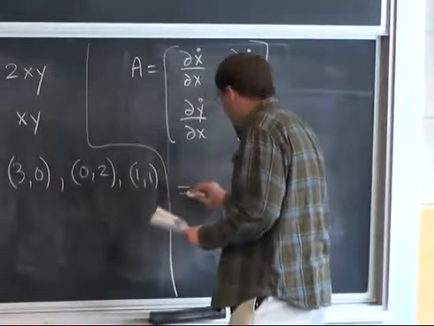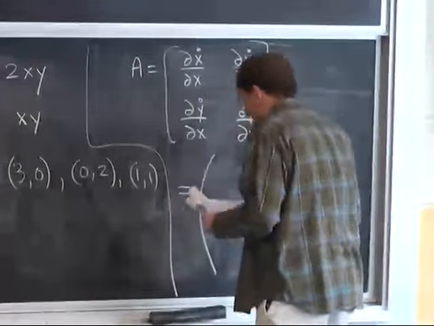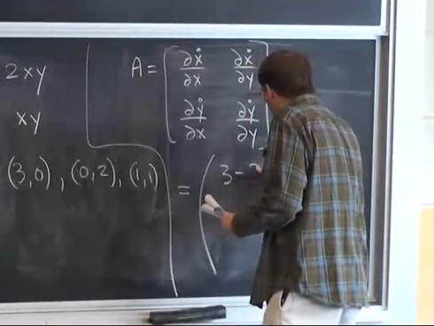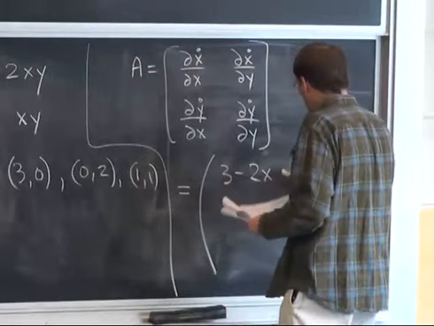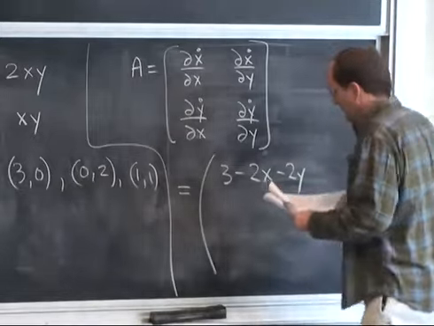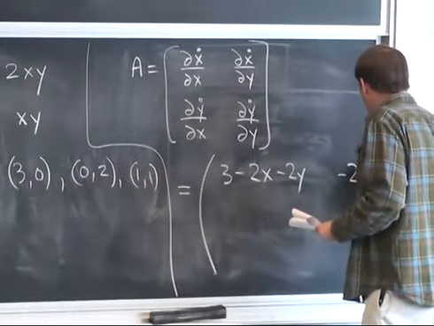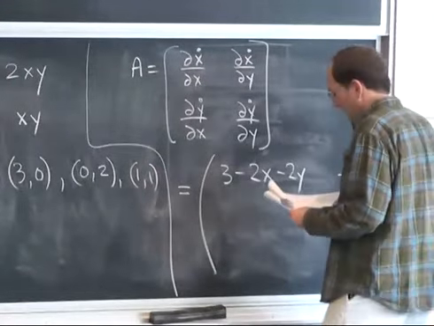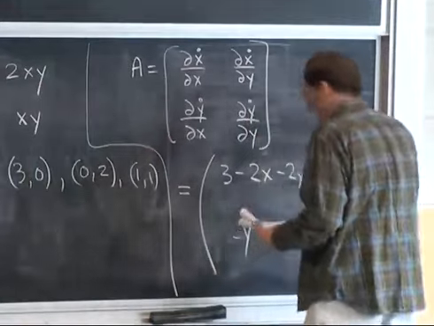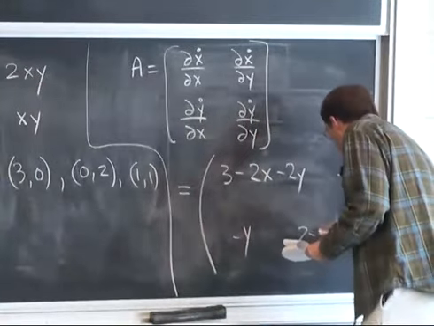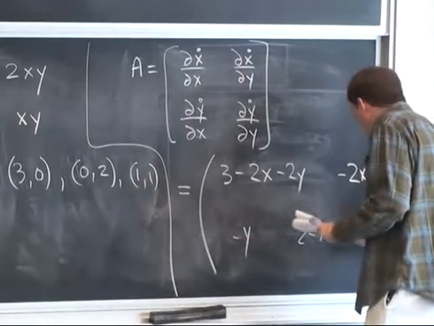And if you do that, you'll get 3 minus 2x minus 2y, minus 2x in this corner, minus y down here, and 2 minus x minus 2y.